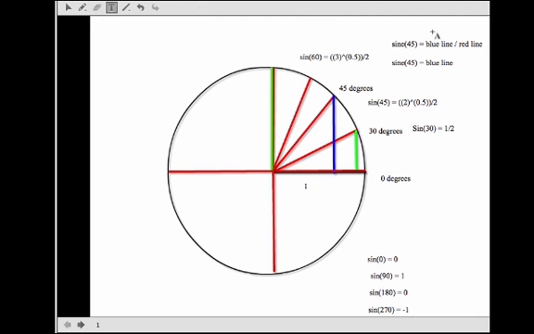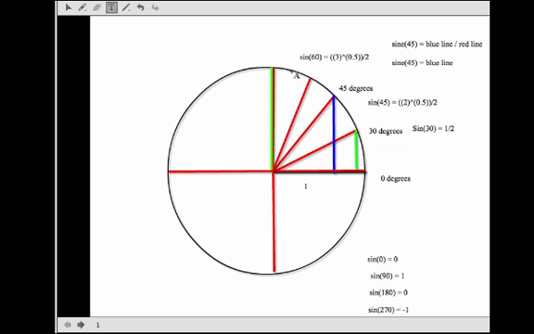And then in class, I mentioned that you should know a decimal for the irrational numbers. So I'm talking about sine of 45 and sine of 60. You should know basically an approximation of what the square root of 2 over 2 is. That's going to be 0.707.